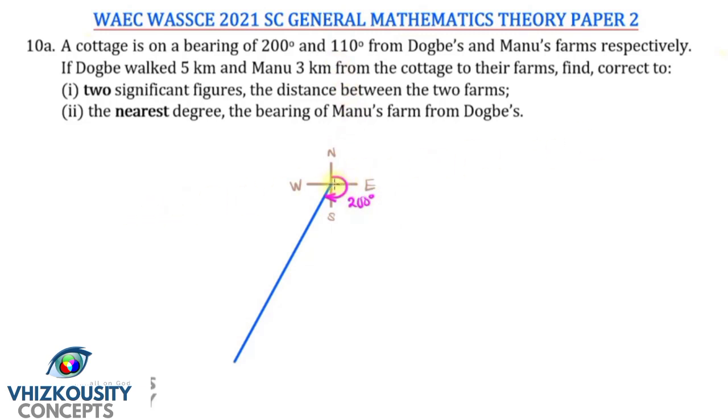That means it will be something coming in this direction. But we are not taking it from Dogbe's farm. We have to take it from Manu's farm. That means that Manu's farm should be located somewhere here, so that this inclination can come to meet this one as shown in the diagram. So that's what we are going to do to locate Manu's farm.